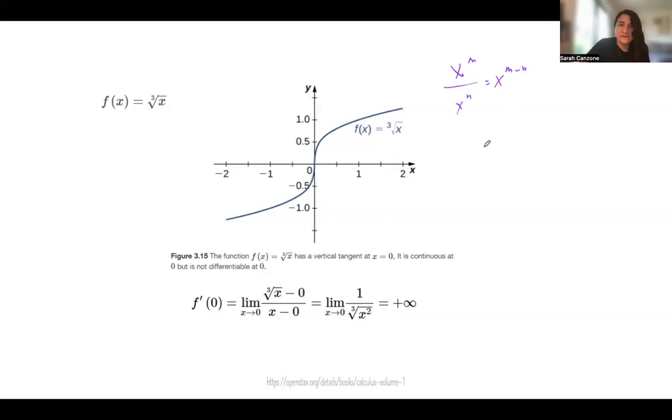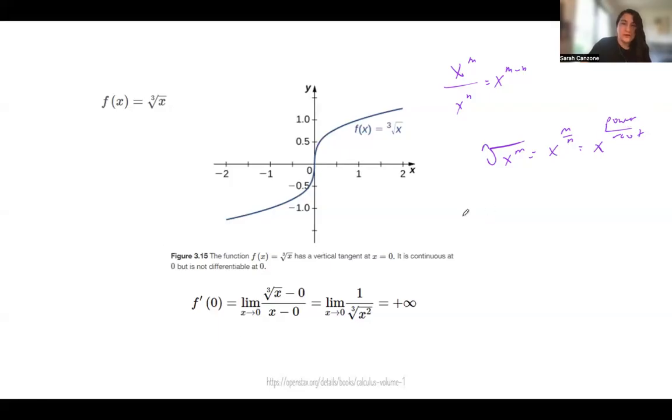We have this rule that says if you have the nth root of x to the m, you can write this as x to the m over n, or what I like to think of it as is x to the power over root, where the power is just the thing attached to the x. It's literally the exponent, and the n here is the root, or the index of your root.